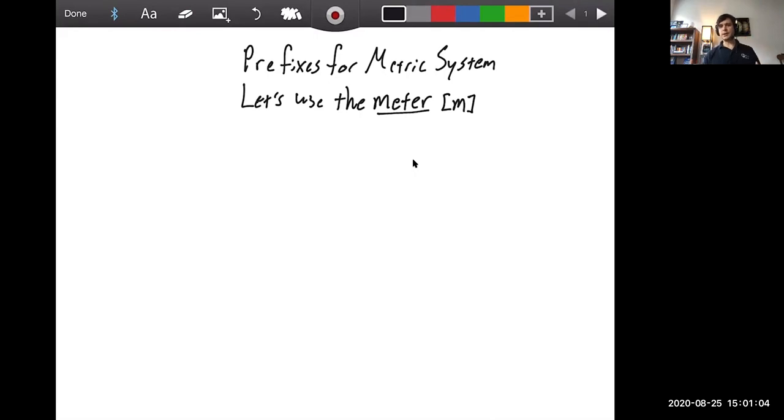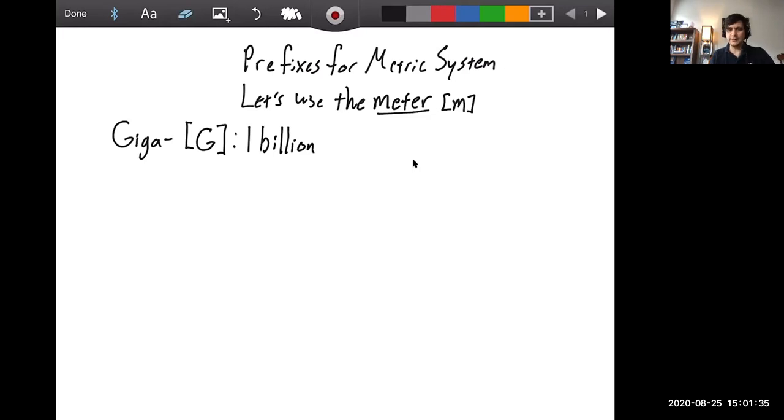So if we wanted to talk about a whole lot of meters all at once, we would use something like the prefix giga. Put a dash to indicate that's a prefix, and we would note that with an uppercase G, and yes, the upper and lowercase does matter. And giga means 1 billion with a B of.